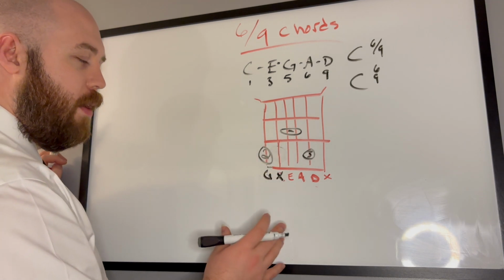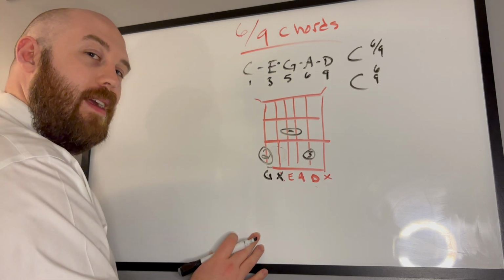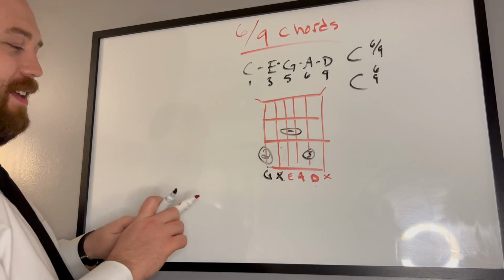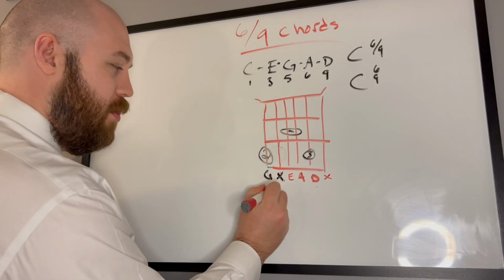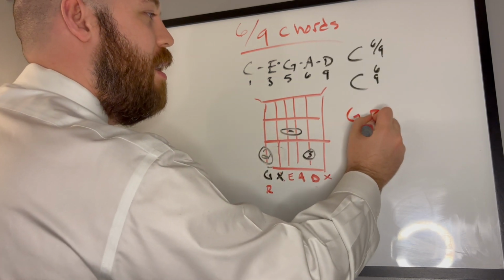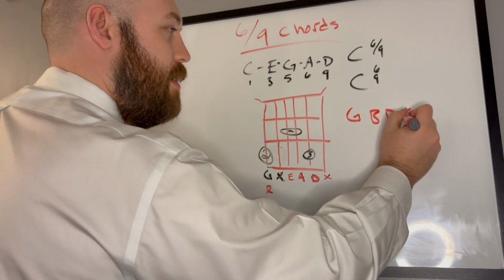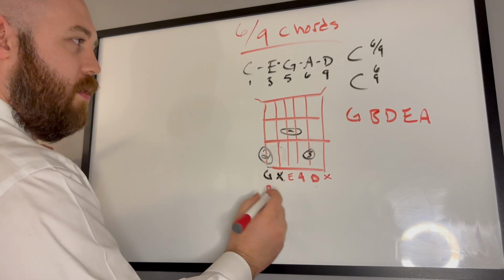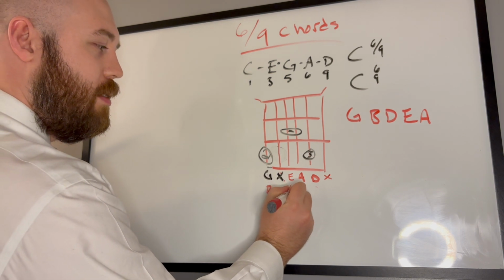Now, what is this? It's actually a G6/9. It's still a 6/9 chord. So we're thinking a G now. G, B, D, 6, and 9. You have your root. You have your 6.